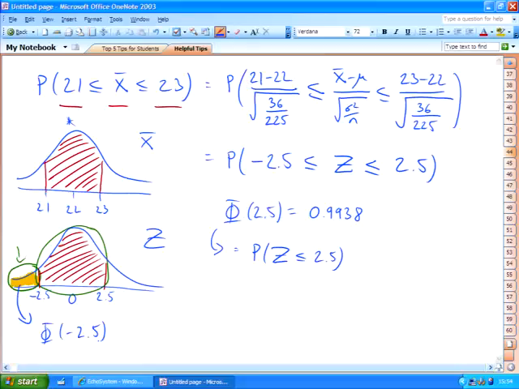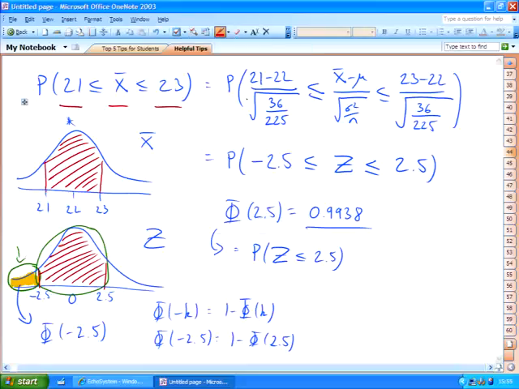Well, we are now going to use our previous result. Remember, the phi of minus k is equal to 1 minus the phi of plus k. Therefore, the phi of minus 2.5 will just be equal to 1 minus the phi of plus 2.5. We've already obtained the phi of plus 2.5 up here. This was our 0.9938. Therefore, we can compute the following.